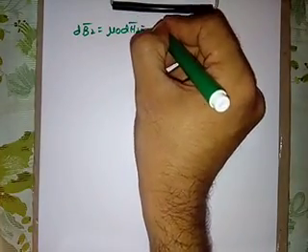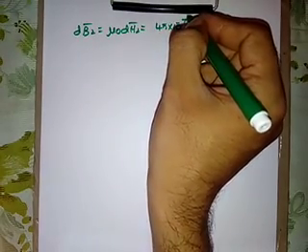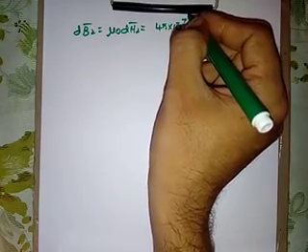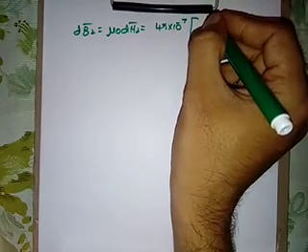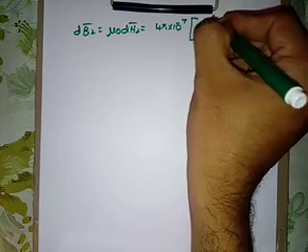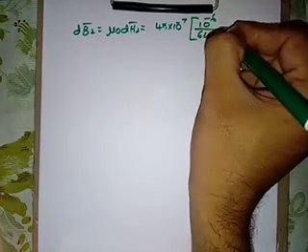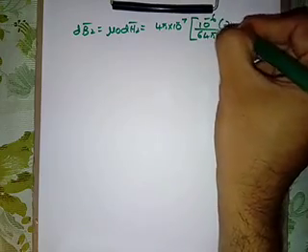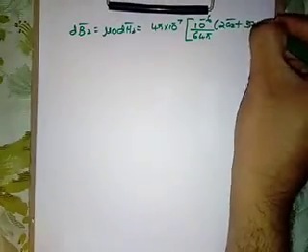Mu naught is 4 pi into 10 raised to minus 7, this into 10 raised to minus 6 divided by 64 pi into 2 az bar plus 3 ay bar.